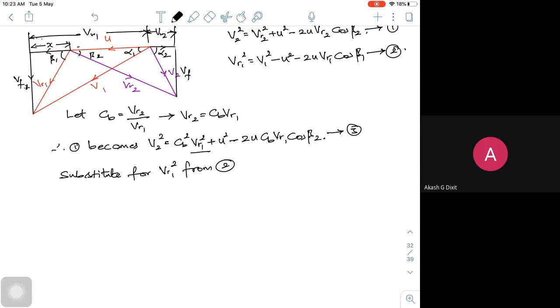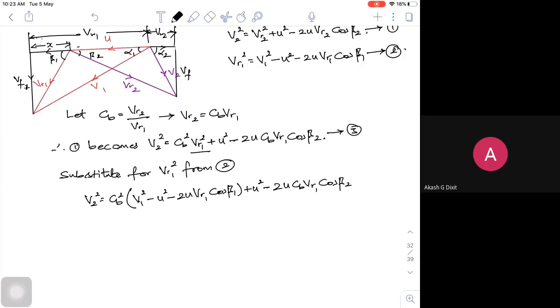If I substitute for that VR1 square from equation 2, I will be getting V2 square is equal to CB square, and I will put everything in the bracket, that is V1 square minus U square minus 2 into U into VR1 into cos beta 1, plus U square minus 2 into U into CB into VR1 into cos beta 2. Okay. Now I can simplify this.